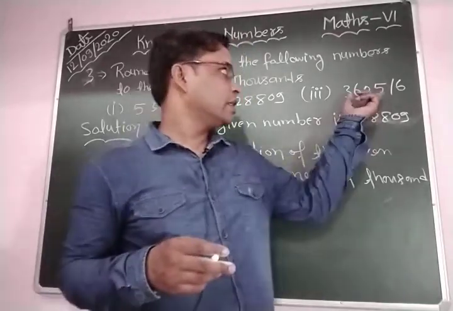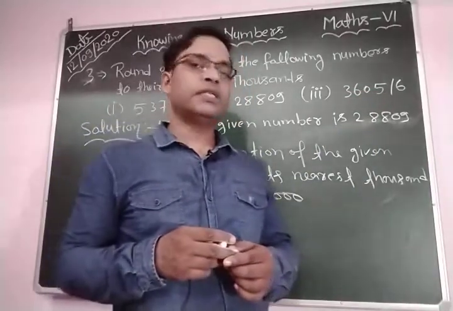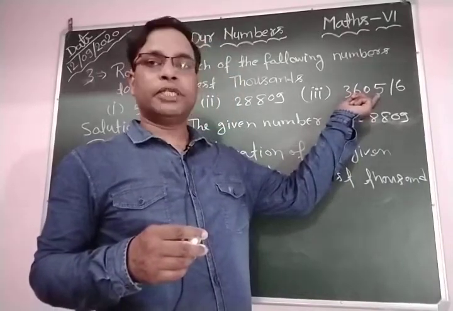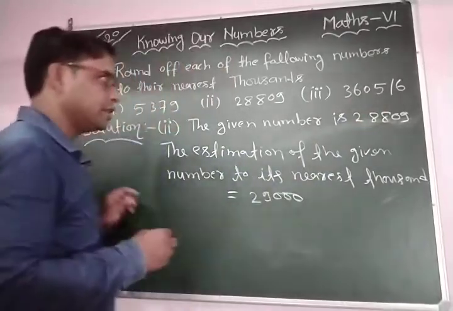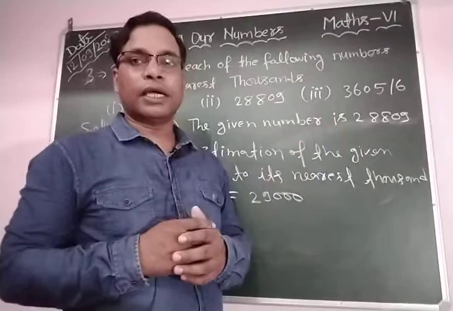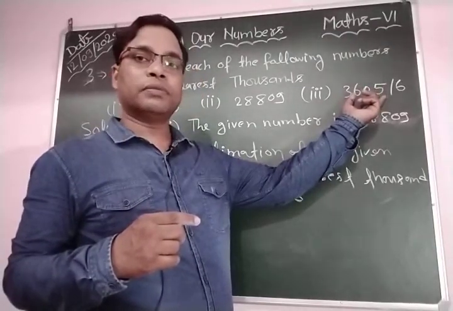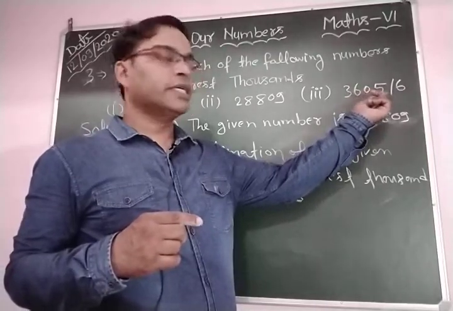So in this case, we have 3,60,516. We need to find the estimation of this number to its thousand place. For rounding at the 1000 place digit, we check the 100 place digit.